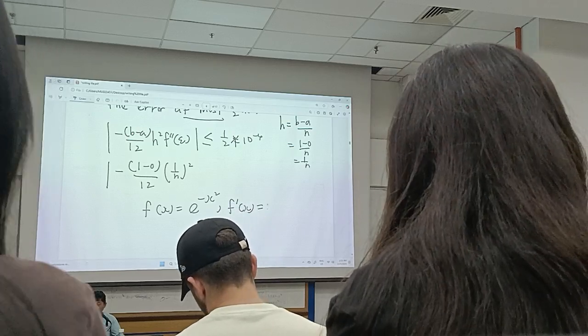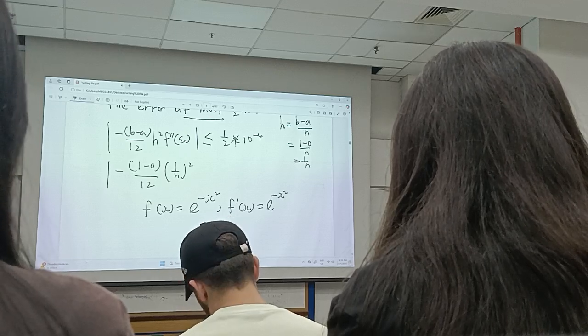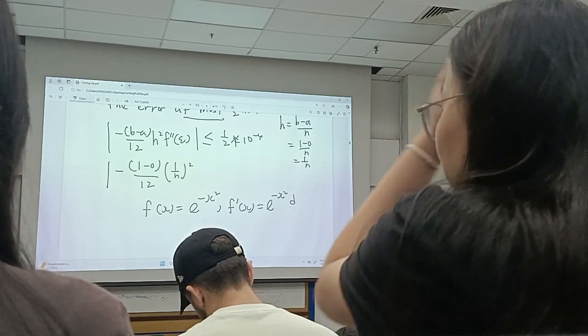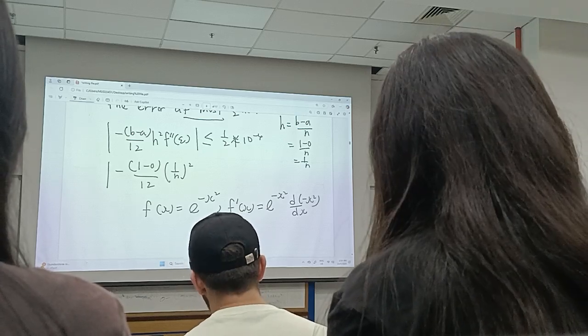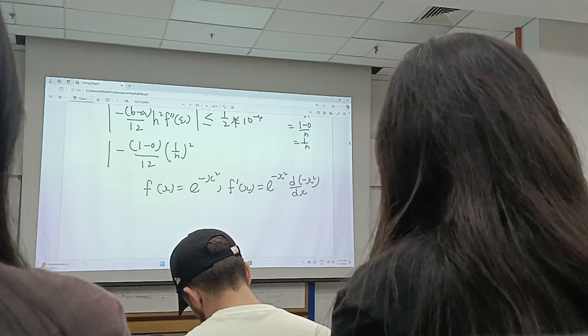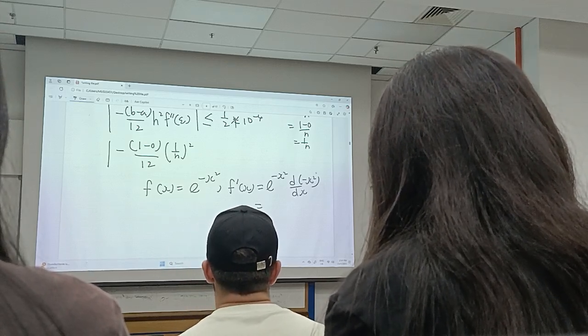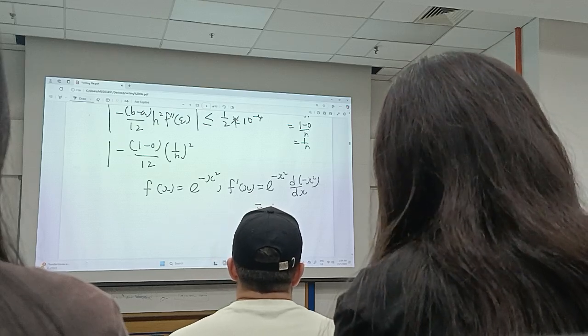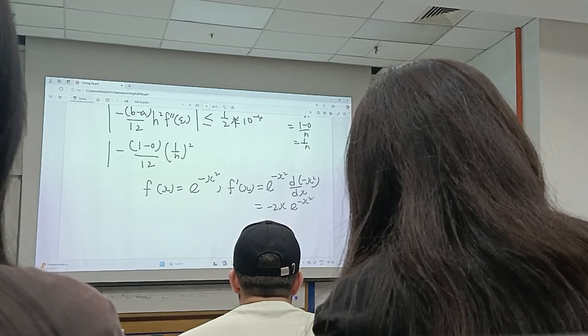So differentiate e, we get back e, right? And then we need to differentiate the power here. So differentiate negative x squared, you get? Yeah, negative 2x, e negative x squared.